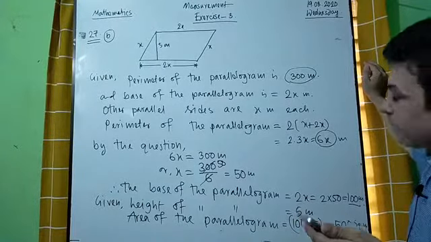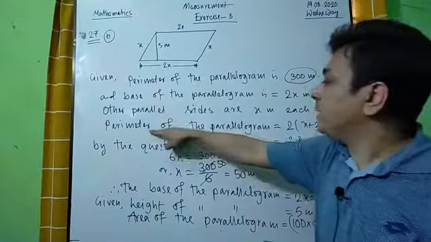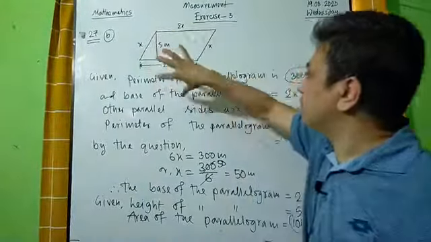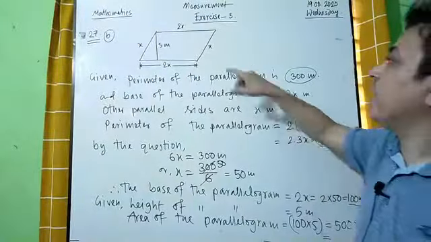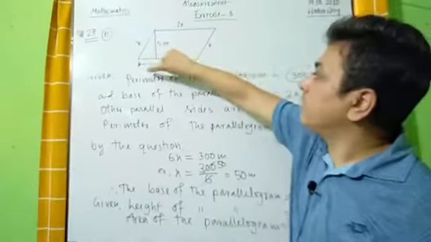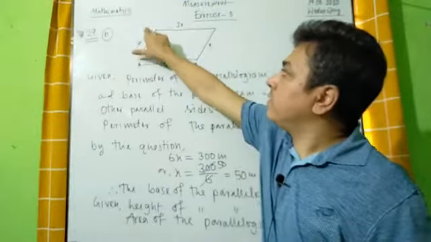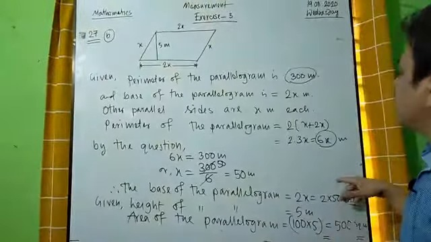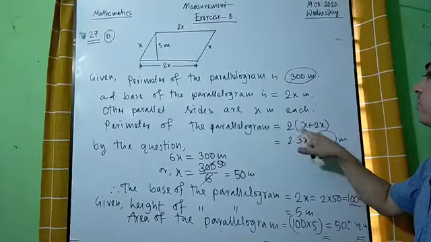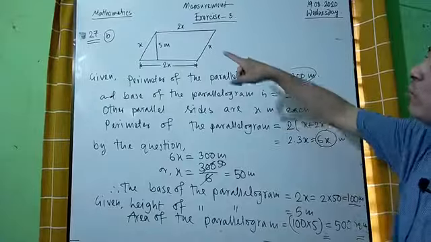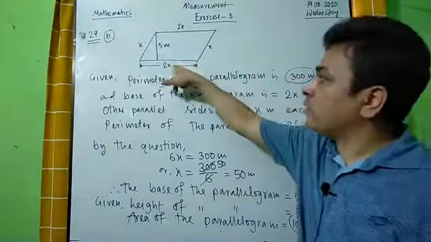So look at that. What is perimeter? Perimeter means sum of all sides, 1 2 3 4, these 4 sides. As opposite sides are equal, this base and this line are equal, and this line and this line are equal. That is why I write 2 into x plus 2x, or if you want you can write 2x plus x plus 2x plus x.